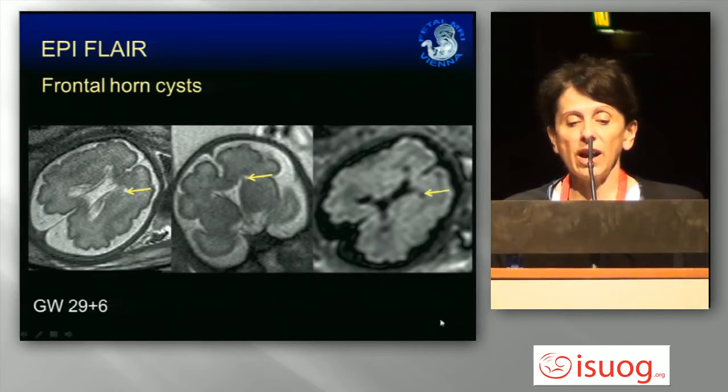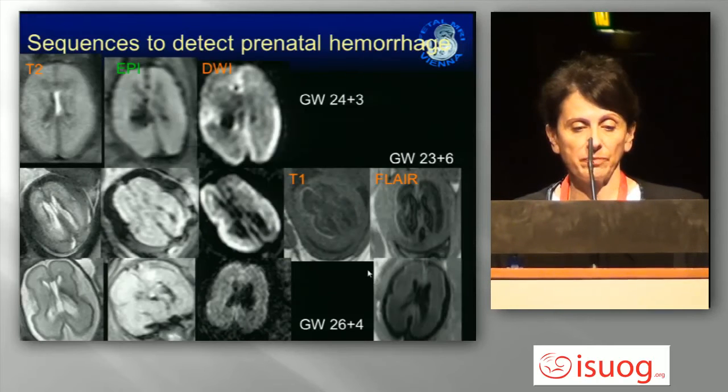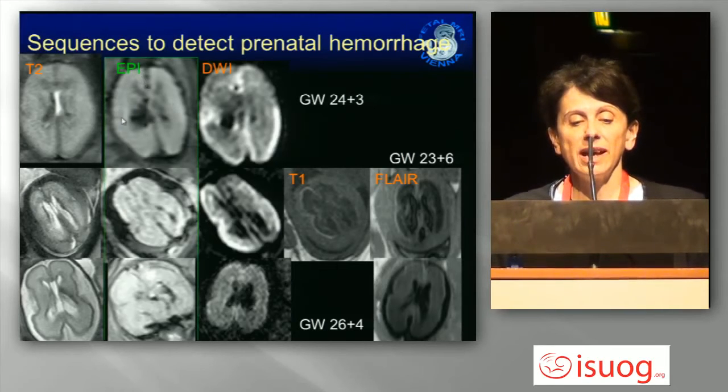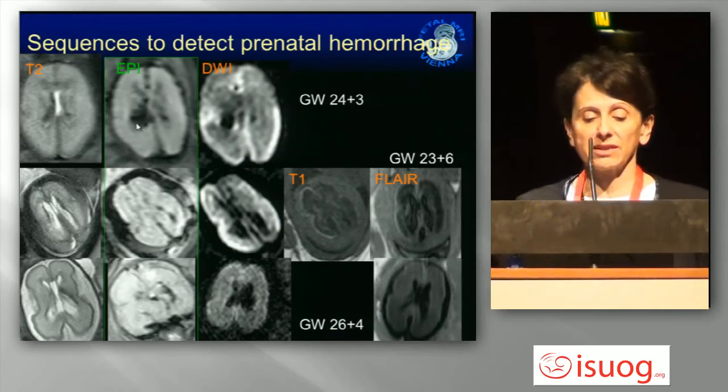And of course, if you have lesions that have the same intensity as CSF, for instance, these cysts, it's easier to depict them using the FLAIR sequence that gives you the CSF dark and not bright. Hemorrhage. We have special sequences, especially this one, that allow us to detect blood breakdown products.